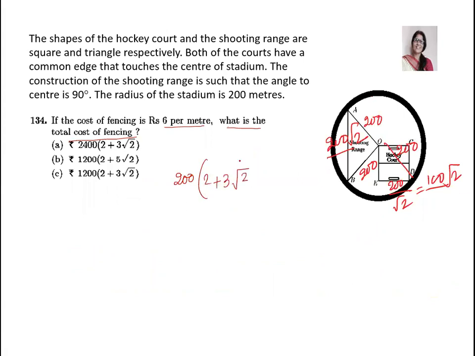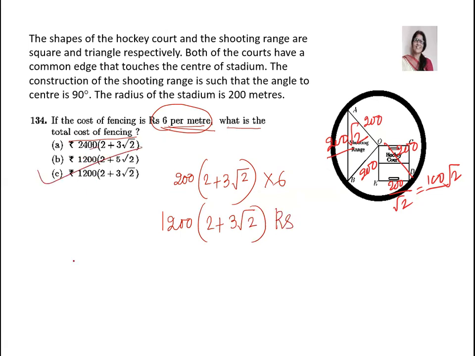Now for 1 meter he is asking 6, so 6 will be multiplied. So what will the answer be? It will be just 1200 into 2 plus 3 root 2, and this is in rupees. So we will check, C is the answer.